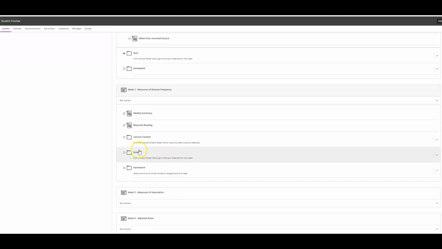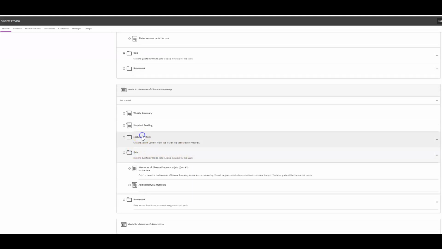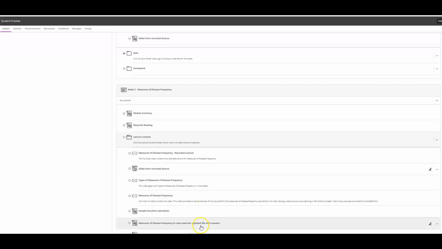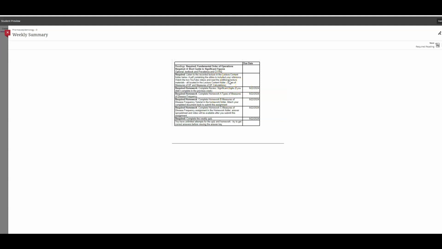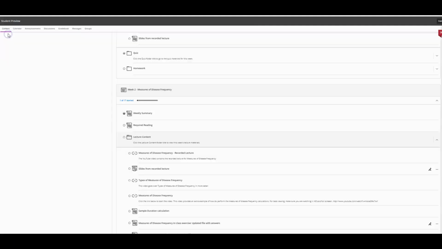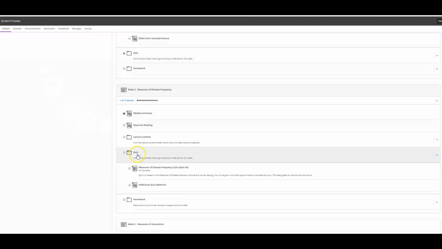Week two, very similar: lecture content, all the different recordings to listen to. The weekly summary has everything that you should be doing, if there are different lectures to listen to, the homework. Week two actually has 3 homeworks plus the quiz. Generally, I would say you probably want to try the quiz before doing the homework.